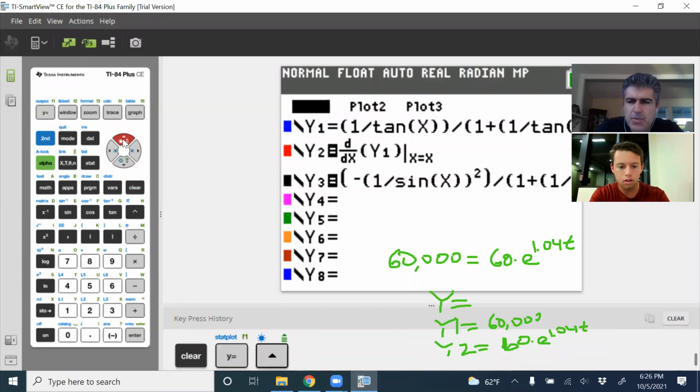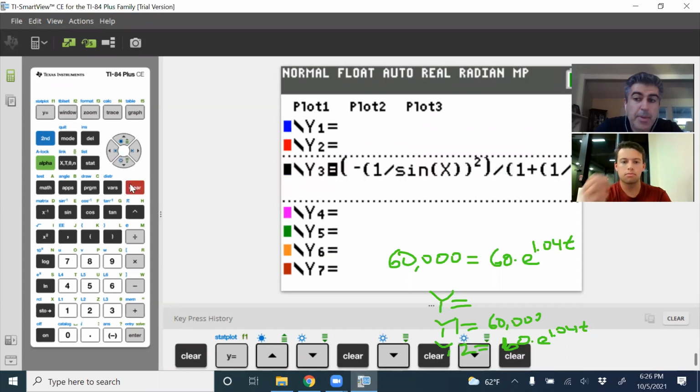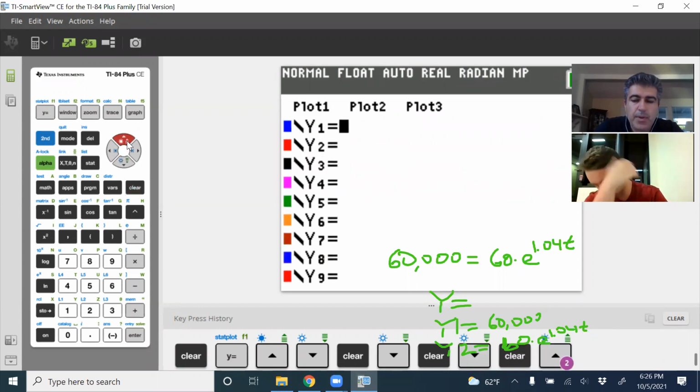Now, you see where it says plot 1, plot 2, plot 3. You're not going to use that. That's for scatter plots. That's what you did in stats last year. If it's turned on, you need to turn them off. Are any of those highlighted right now? Plot 1, plot 2, plot 3? No. You're good. If they're highlighted, that means there's a scatter plot and it's probably going to give you an error if the window you're using does not fit.